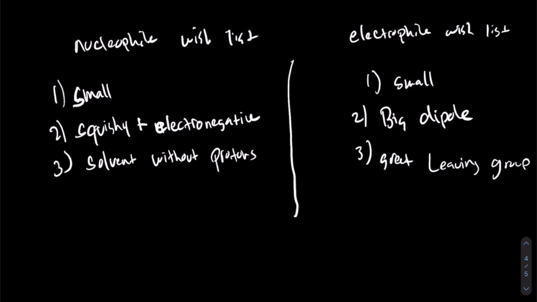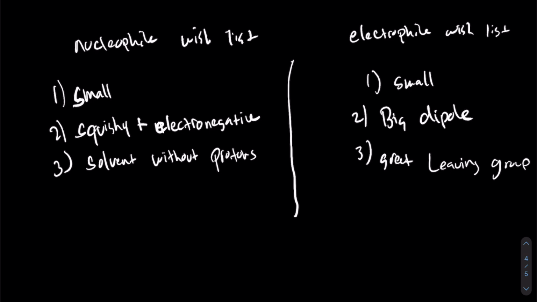Well, it's leaving, so when it pops off, it ought to be stable. It ought to come off and just be quite happy with itself. It ought to be happy being negatively charged or having a lone pair. It really should be something that doesn't mind being negatively charged, that doesn't want to attack or deprotonate anything.